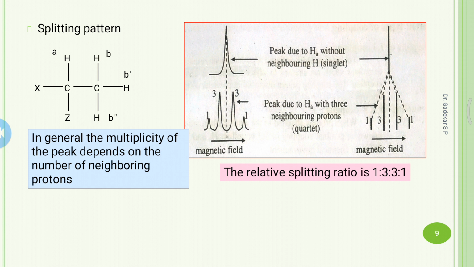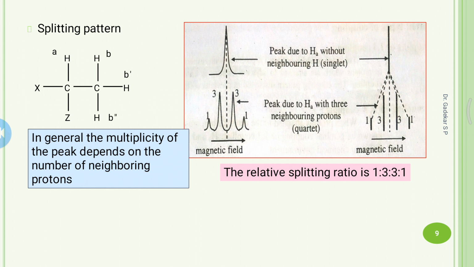A interacts with B dash and B double dash in low resolution to form a single signal, but applying a high resolution instrument forms a quartet peak due to HA with three neighboring protons. It gives a quartet by N plus 1.